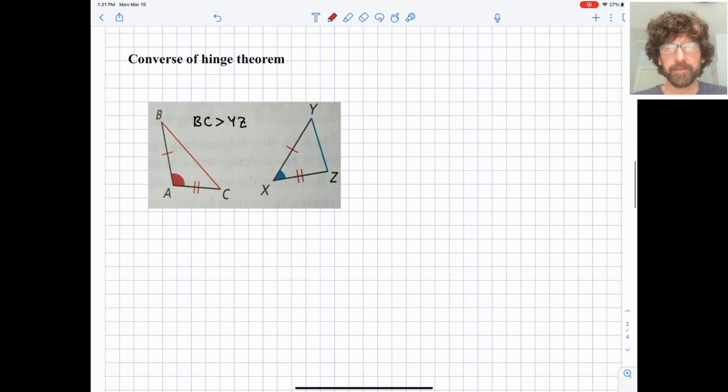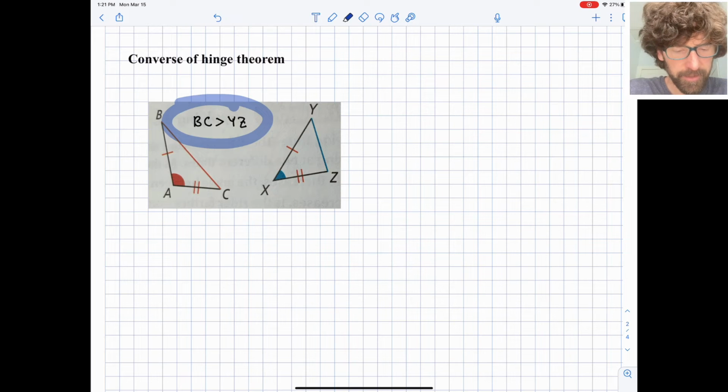Converse of the hinge theorem is just like the converses we've been working with. We can flip the order of the conditional statement. And in this situation, we have the same setup, except we know that one side is longer than the other side. We don't know anything about the angles yet, but we know that one side is longer than the other. So we can make a conclusion, though, using the converse of the hinge theorem.